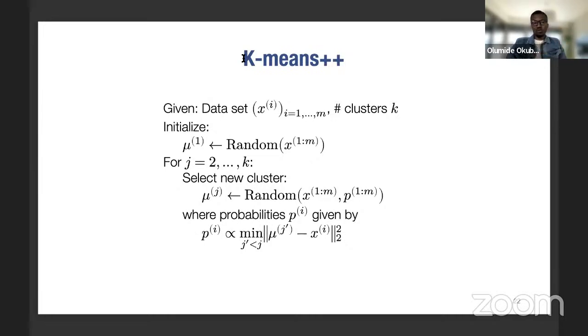To pick center 2, you're also going to randomly select from your data points. Let's talk about 3 points. Let's say we've already picked point 1, randomly selected from our data points as our center, and we want to pick point 2. We're going to randomly pick, but based on a probability.